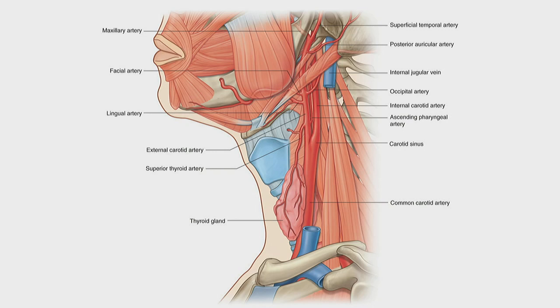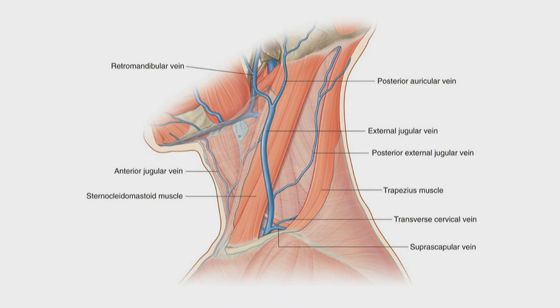The blood supply of the supra and infrahyoid muscles comes from branches of the external carotid artery. Yes, facial mainly, superior thyroid, lingual artery, occipital artery, posterior auricular artery, which you can see in the cardiovascular system. The venous drainage superficially drains to the external jugular vein or anterior jugular vein.